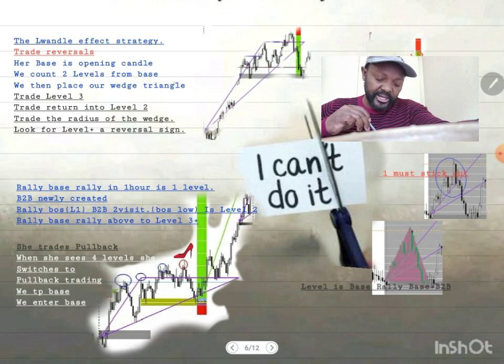When we trade back to base, we need confluences. Every trade that we take, we need confluences. There must be either a base or resistance or support, plus a triangle. The action must be on a triangle. Like in this case, the trigger point came here. We have the base and then we have the triangle. And that is why we buy.